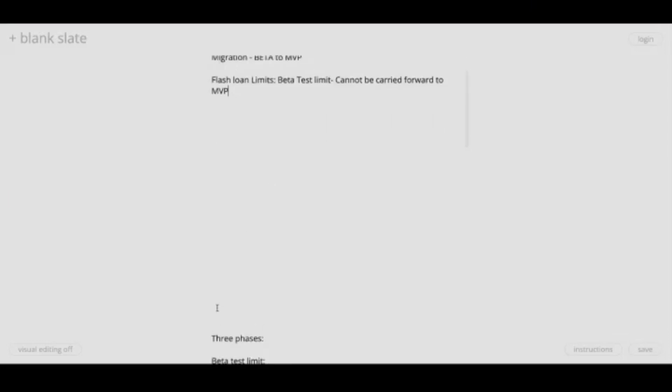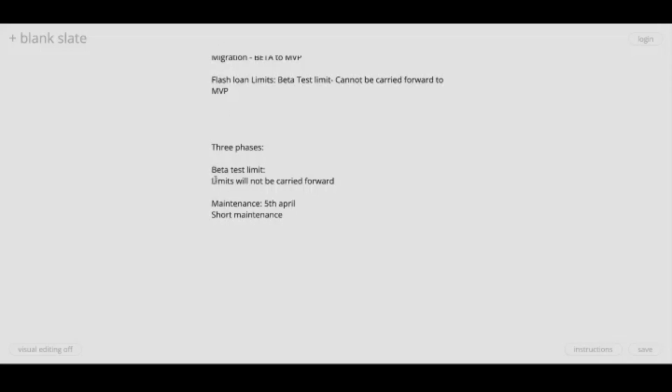Now I will explain the transition of beta into MVP. It will be done in 3 phases. As the sales of licenses will be stopped, no new wallets will be whitelisted against the beta test limits or MVP limits till we have a proper launch.